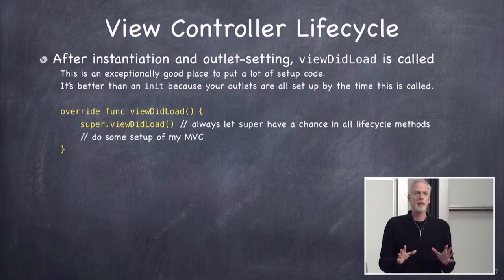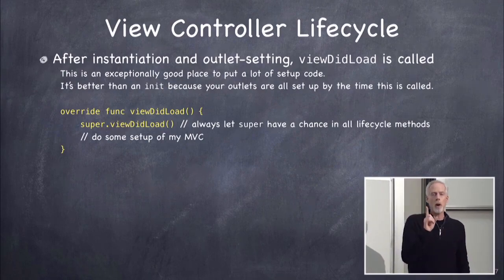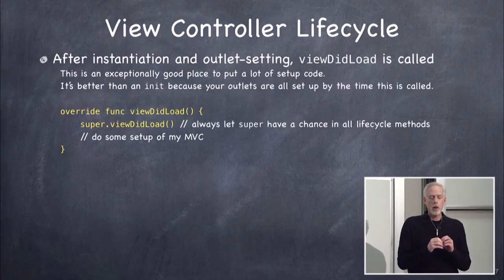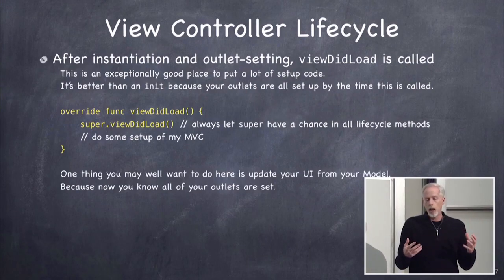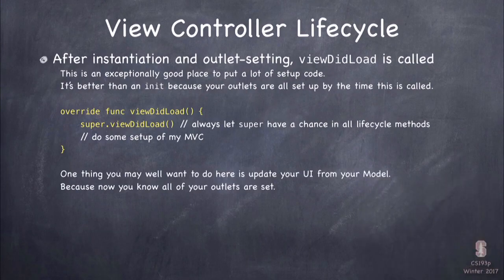Super important method. You're only going to ever receive it once in the lifetime of a view controller. And it's really where you're going to put almost all of your initialization. For example, a lot of times here's where you'll call your update UI method, the thing that updates your UI from your model. Very often, you're going to call that in viewDidLoad.